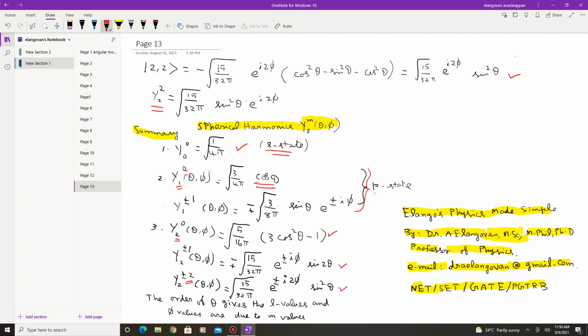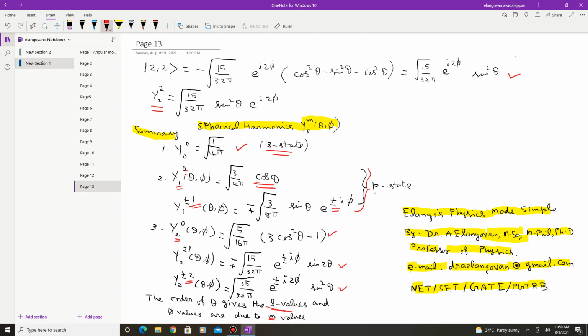Now the order of theta gives the L value, and phi values are due to the M values. So here, this is phi, the order is 1. Therefore, here the M value is equal to plus or minus 1. So here this is a plus or minus. So that is the meaning.